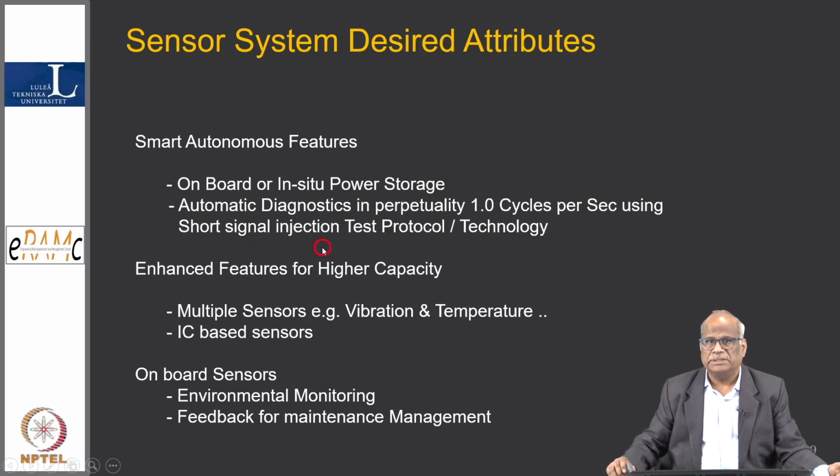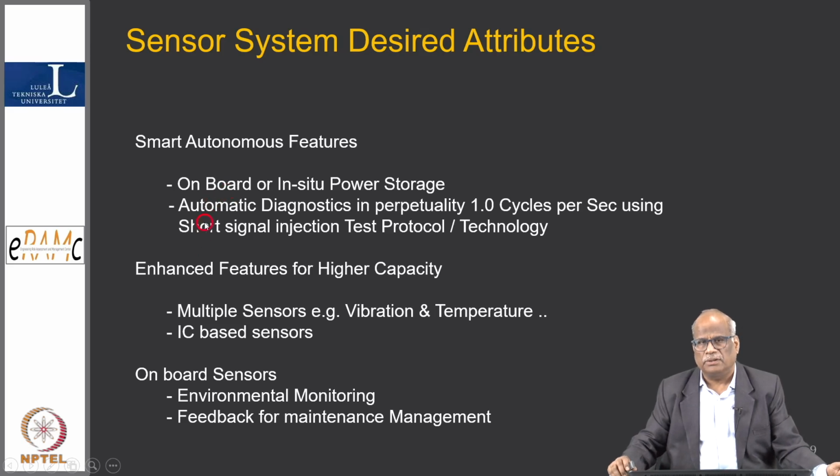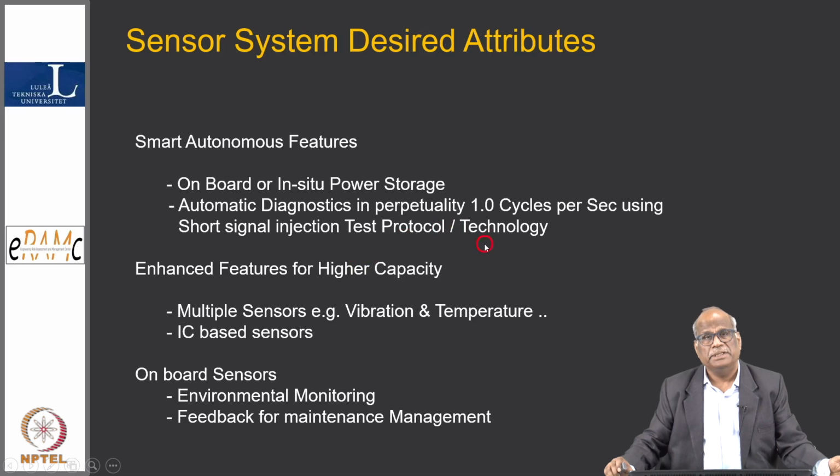And a short signal injection test module, that means by injection of a signal, it will see at the output whether things are correct. If it is correct, the module is operating correctly. If it is not, then, like this, 1 cycle per second diagnostic can be done, the way we did for our channels also.